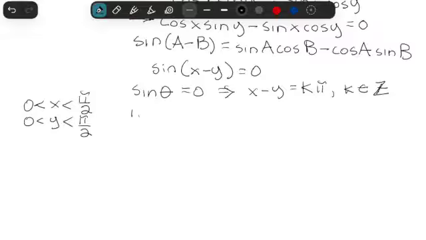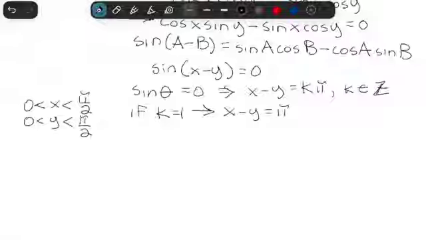All right, so let's start with k equals 1. So if k equals 1, then x minus y is going to equal pi. Is that possible with our domain?